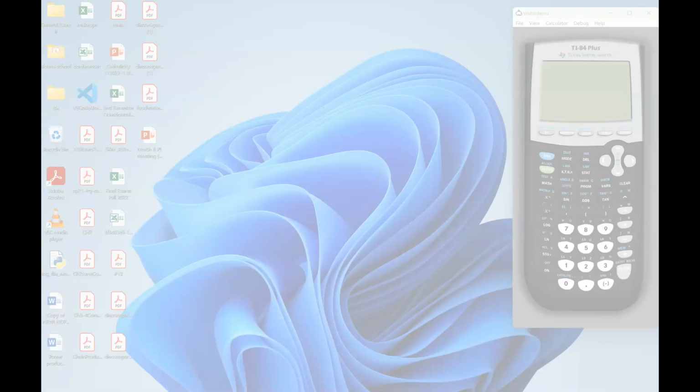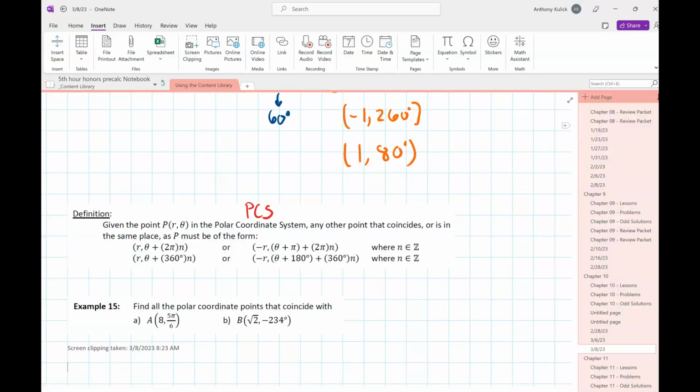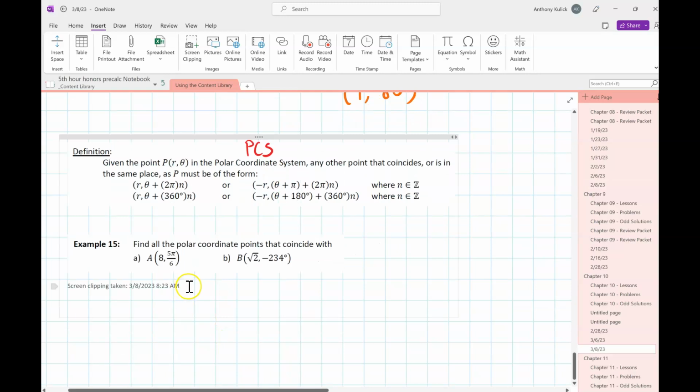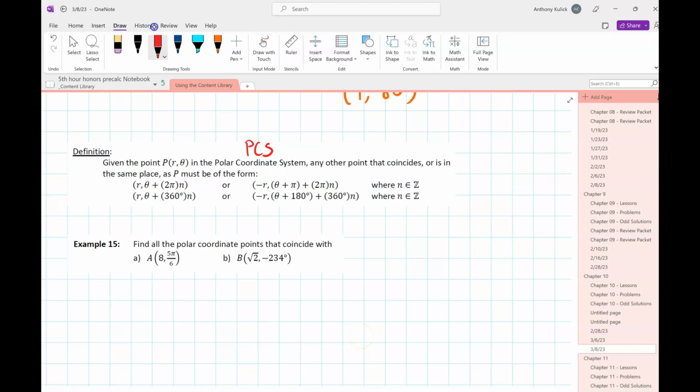So let's do an example of this. It says find all the polar coordinate points that coincide with the following. So let's do part A first. You have the situation where the r is the same, and then we're just looking at the stuff that's coterminal.